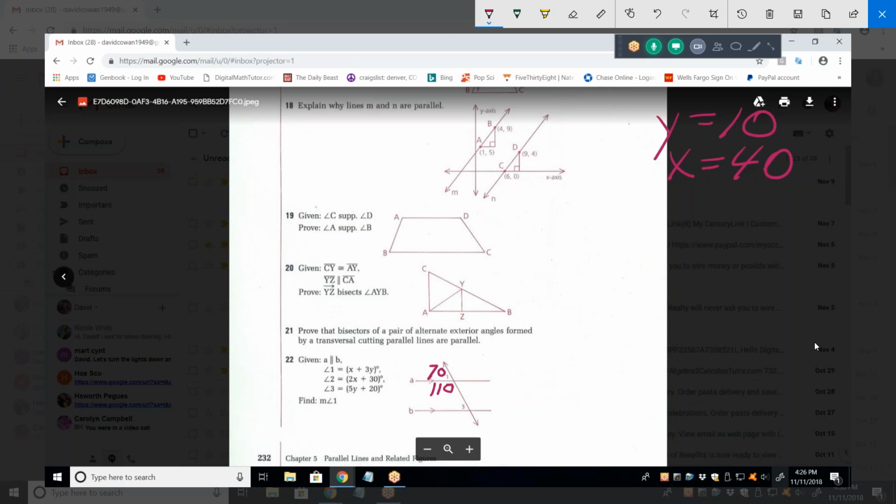And 3 is 50 plus 20, 70. Perfect. Now we got the correct numbers. Yeah, it shows you how one little math error can really screw you up. Especially when you go back and do it again and you make another math error or do it a different way. But I think you knew how to do it all along. It was just a question of getting the arithmetic right.